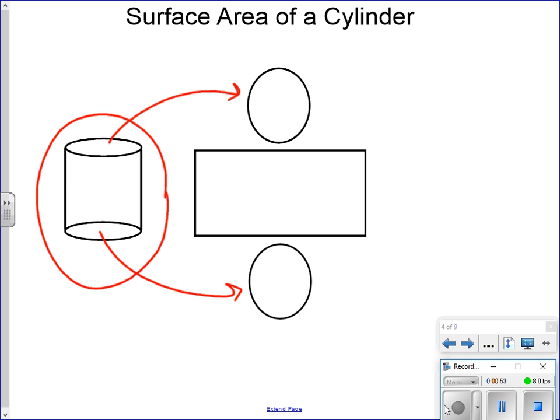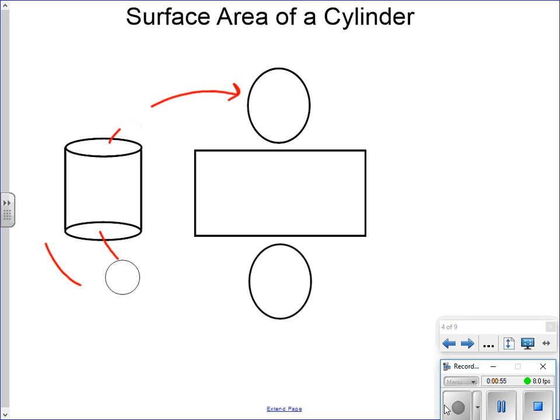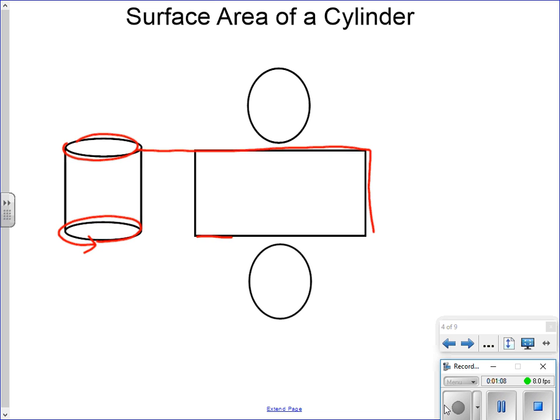And if you were to unroll the center section, this would unroll to be this length here. And the distance around this circle would be the length of this rectangle. So most of you can picture a rectangular piece of paper. If you rolled it up, it would make a tube, which would make this three-dimensional cylinder here.